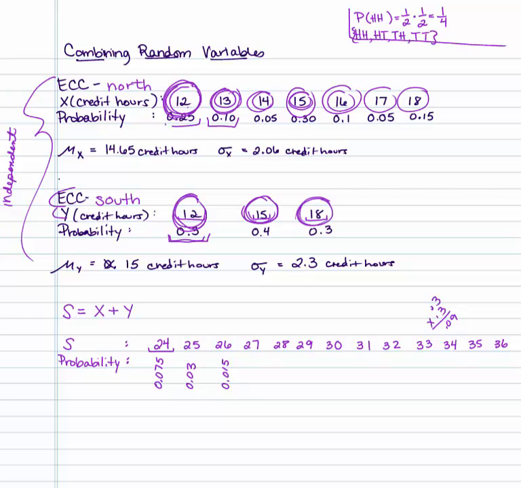It's also made by this 12 and this 15, which is 0.25 times 0.4. And that's 0.1, I believe. You have to combine them together to make 27, which would be 0.19. Take a minute and try to fill in the rest of this table.